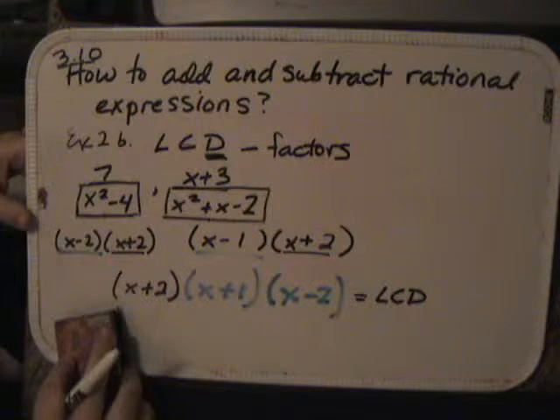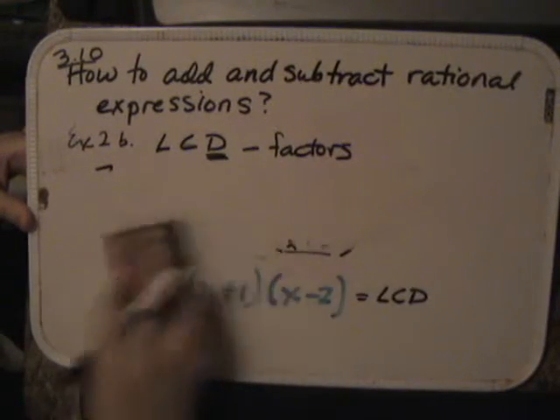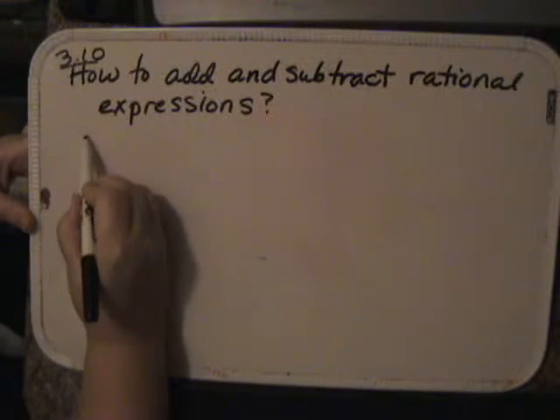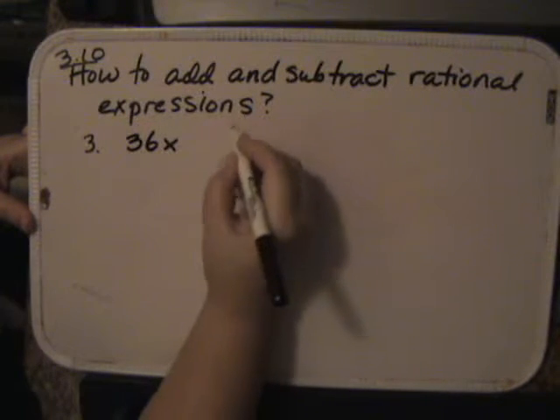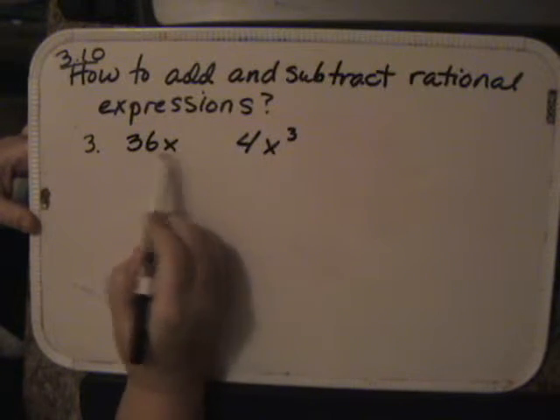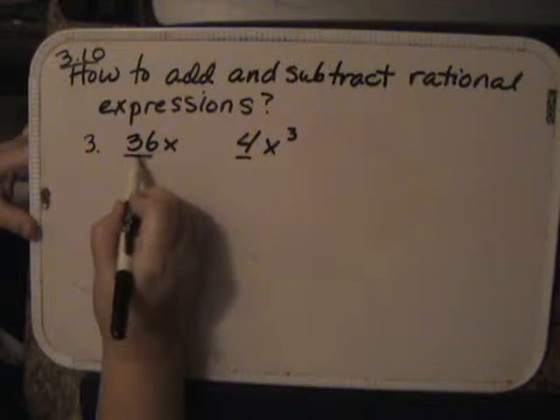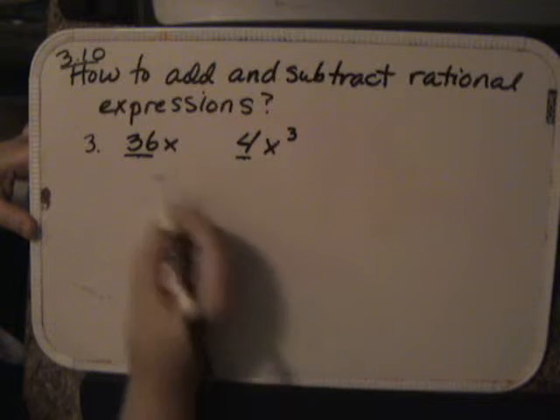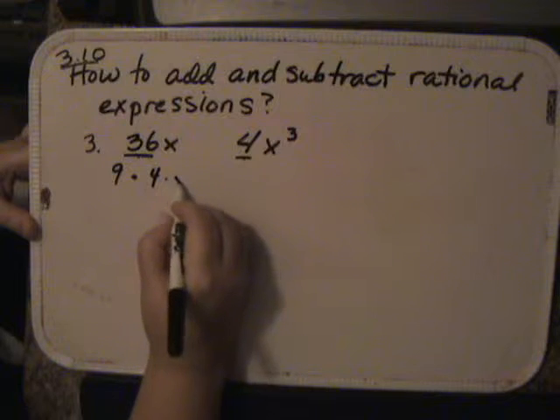Now let's do some sample problems, and we look at number 3. We're looking at the denominators, 36x and 4x cubed. In this case, the least common denominator as far as numbers is always greater than or equal to your largest number. Since 4 divides into 36, 36 is 4 times 9, and then I have an x.